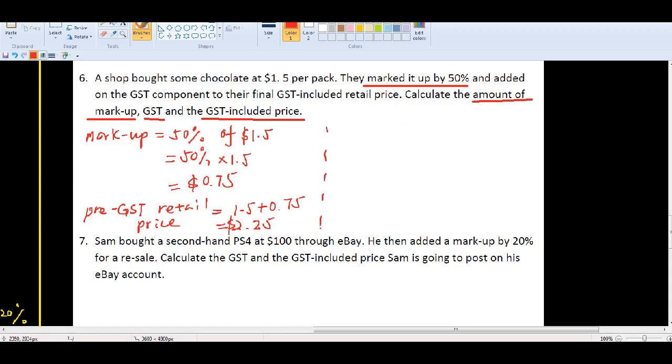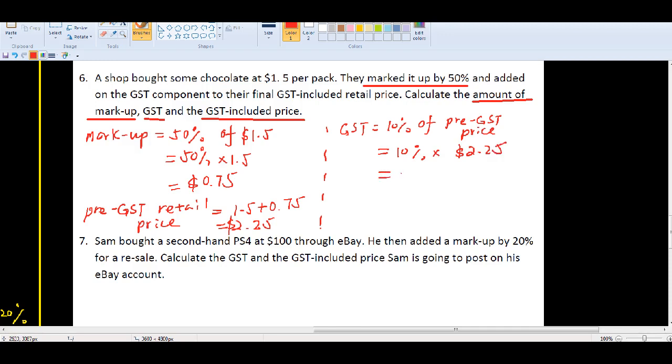And also you need to find GST. So GST will be 10% of that pre-GST price. So that will be 10% times this one.